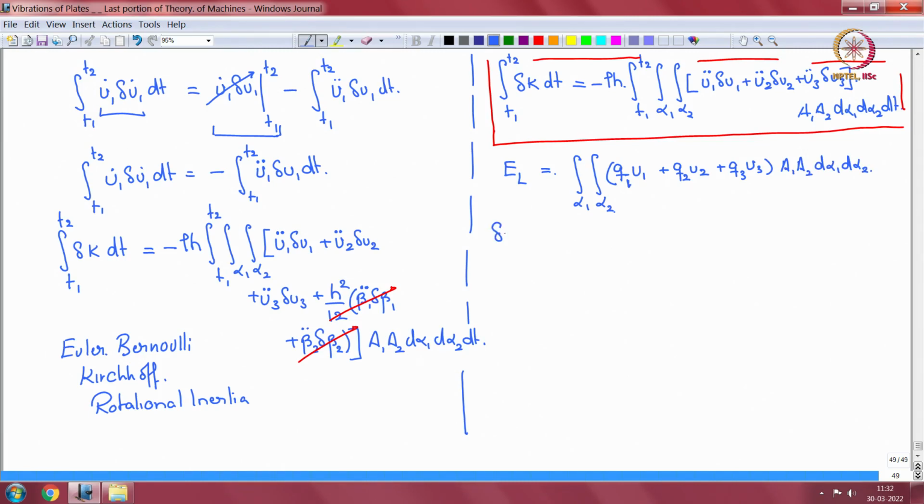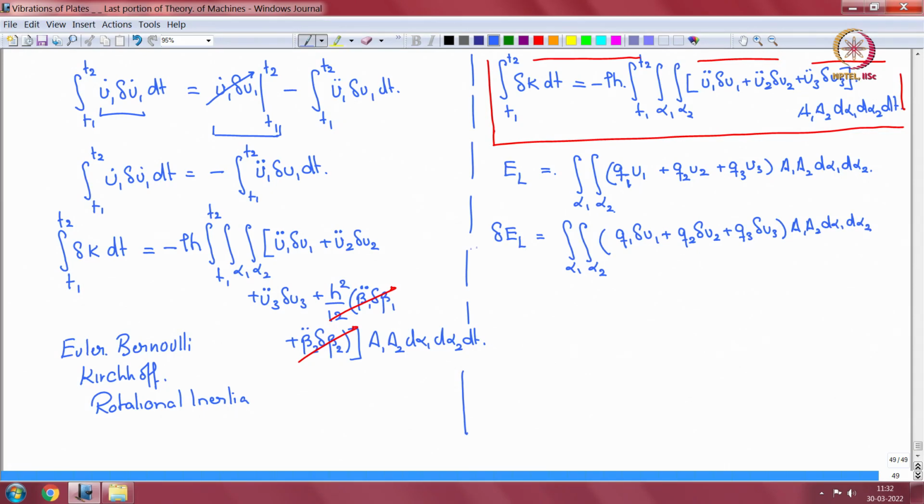So, the delta EL becomes integral alpha 1, integral alpha 2, q1 delta u1 plus q2 delta u2 plus q3 delta u3, A1 A2 d alpha 1 d alpha 2.